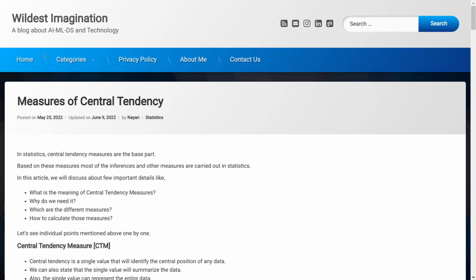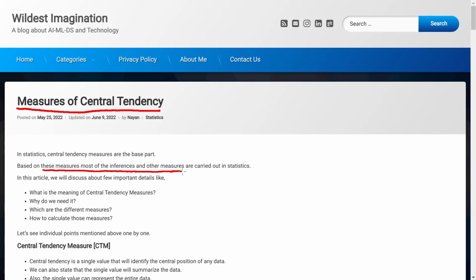Hello everyone. Today we are going to discuss measures of central tendency. These measures of central tendency are very basic concepts in statistics. The reason to call them very basic concepts is that, based on these measures, most of the other inferences and statistical measures in statistics are carried out.